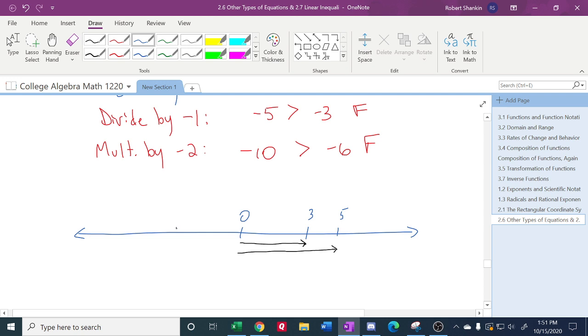Now, negative 3 is over here. Negative 5 is over here. When you multiply or divide, let's say, by negative 1, what you've done is turn this arrow in the other direction. And you turn this arrow in the other direction.